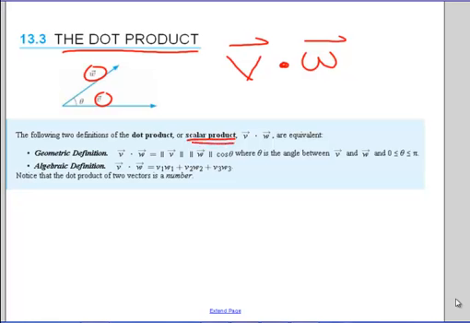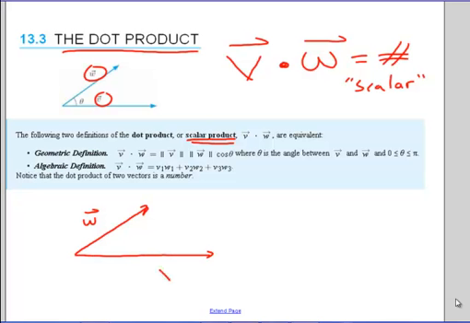So when you dot v with w, and that's the language that you use, you're going to get a number back. It doesn't give you a vector back. The idea of the dot product is, let's imagine again we have w and v.